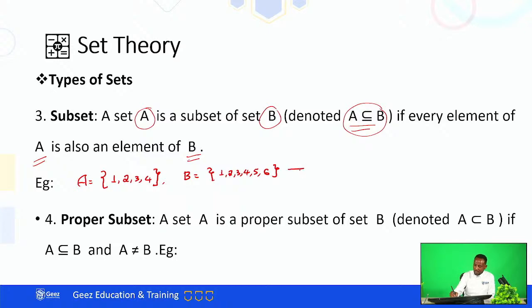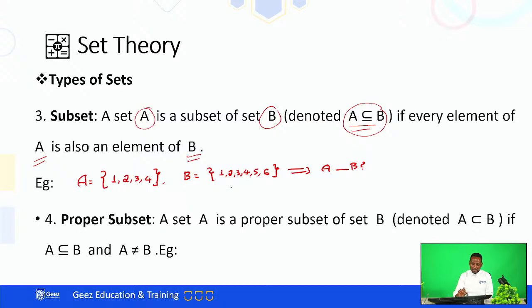Then what can you say about A and B? As you can see, A has elements 1 to 4, and B has elements 1 to 6, the first 6 natural numbers.